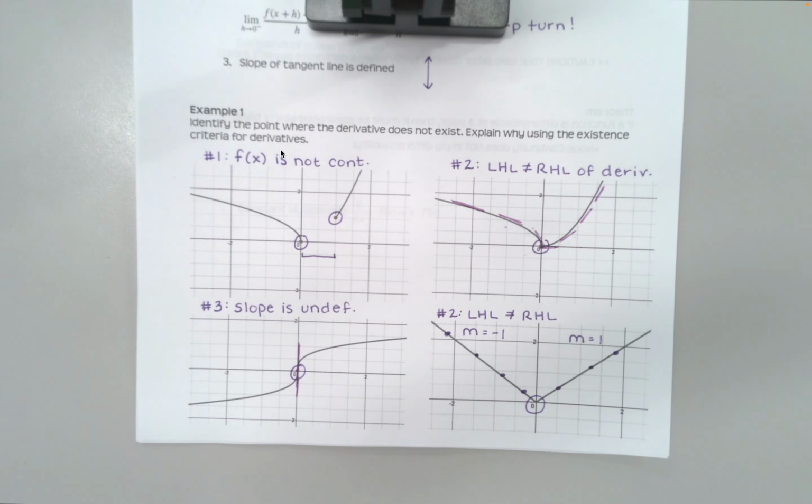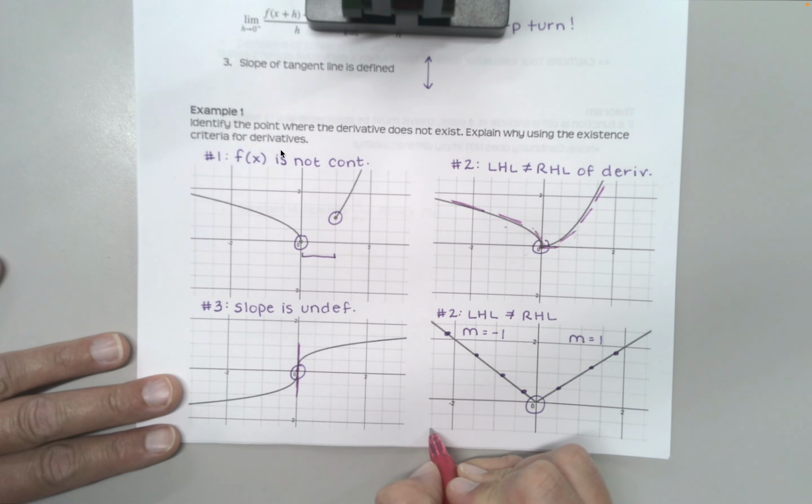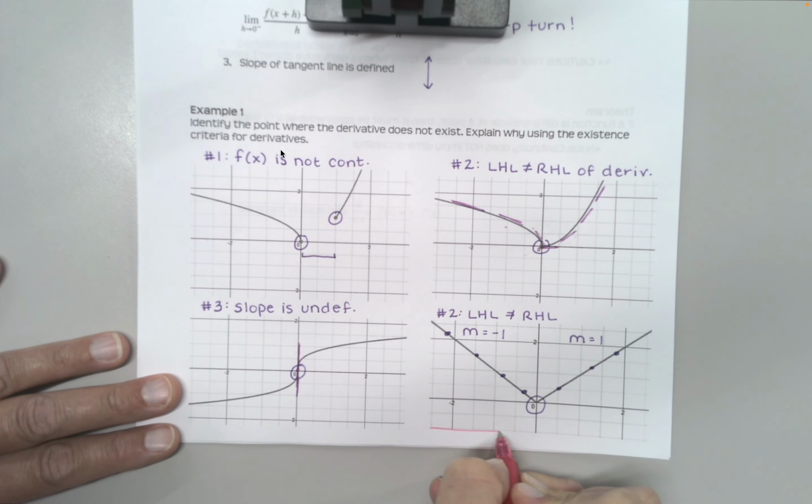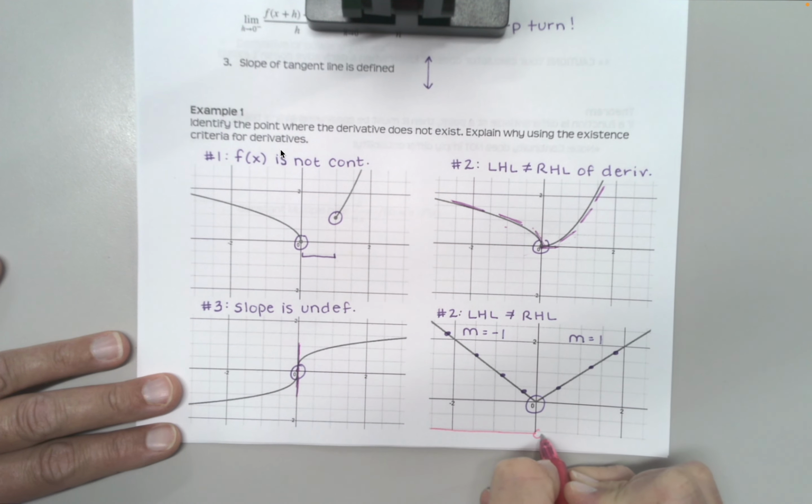I do want to point something out here, though, real quick on this graph. If I were to graph the derivative of this function, the derivative here, this is decreasing, so we know it's going to be negative, right? And it's constantly -1. It's -1 everywhere. So it lives down here at -1 from here all the way to 0. And at 0, it doesn't exist.